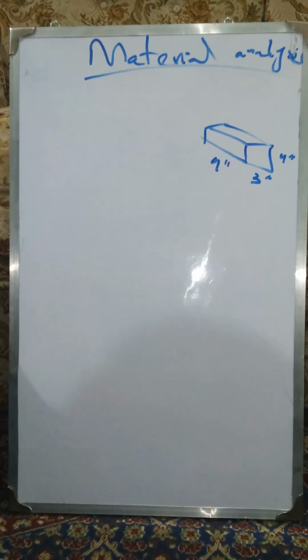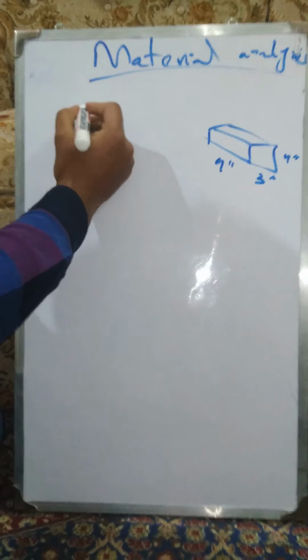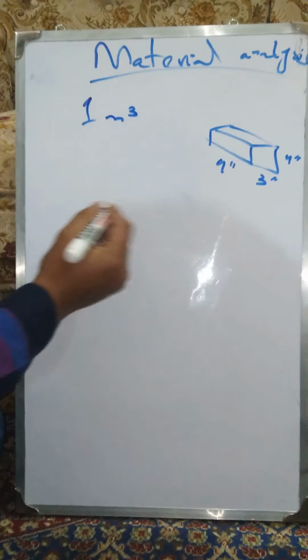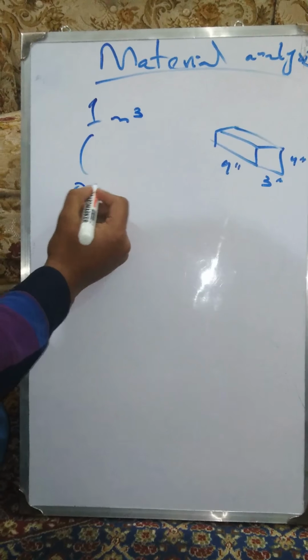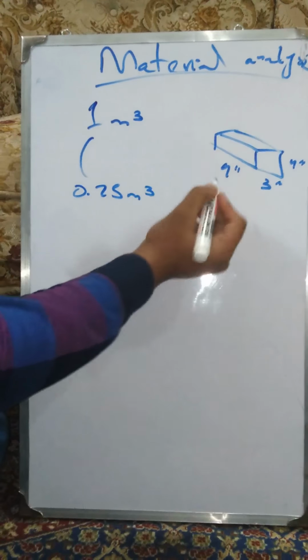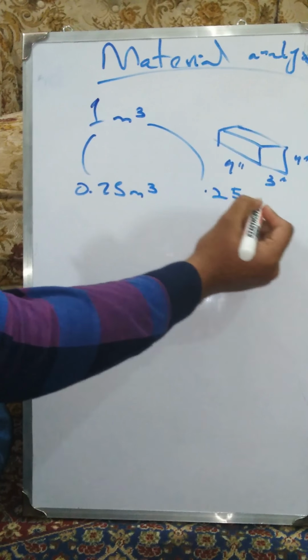So we are going to scale it down. We are going to calculate for 1 cubic meter of brickwork only, in which 0.75 would be brick and 0.25 would be mortar.